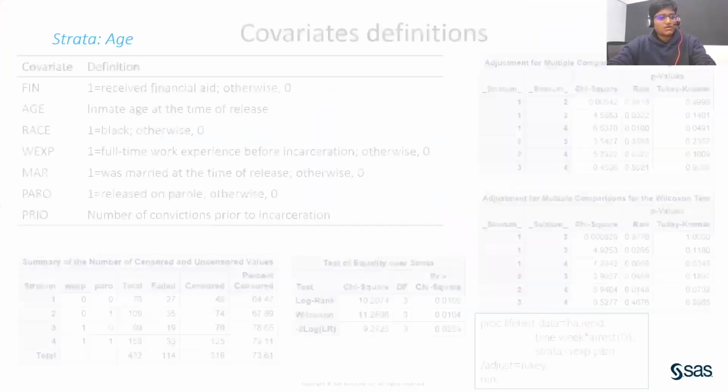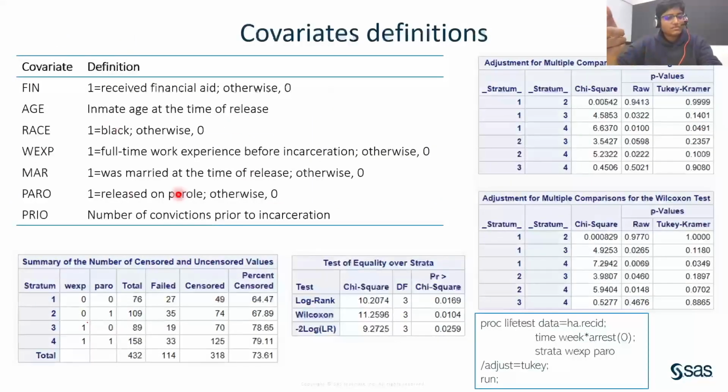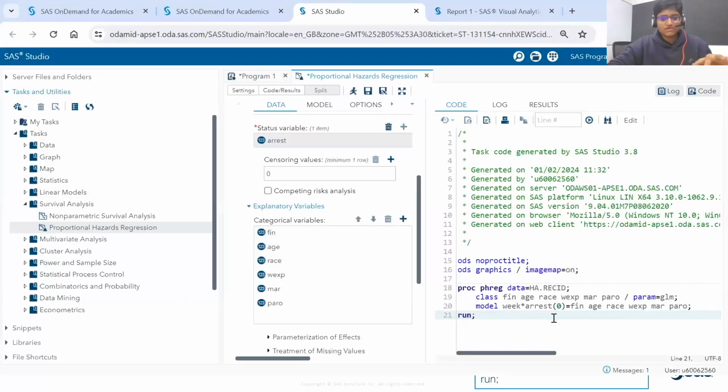These are all coded as 0 and 1 or 2 and 3, pointing towards a categorical variable, so we should not be treating them like numerical variables. In the model statement, you have time as week, arrest as our status, and we are pointing to the censored value of 0, which means not being arrested.